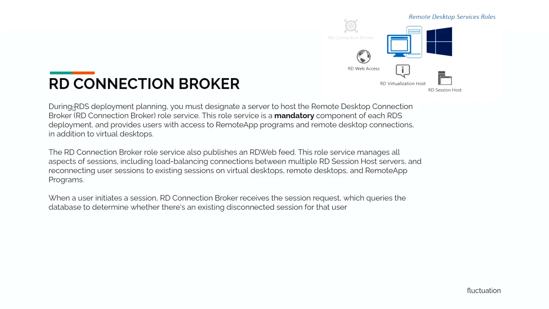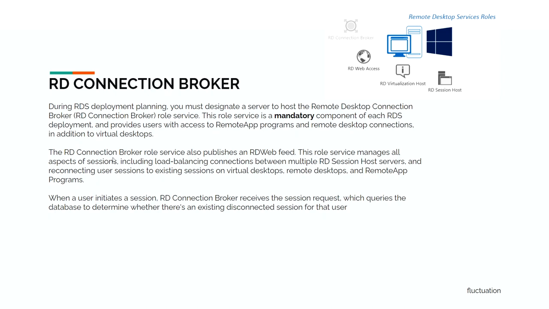The broker. During RDS deployment planning, you must design a server to host the Remote Desktop Connection Broker. This is mandatory for each RDS deployment and provides users with access to RemoteApp programs and remote desktop connections, in addition to virtual desktops. The RD Connection Broker role service will also provide the RD Web feed.